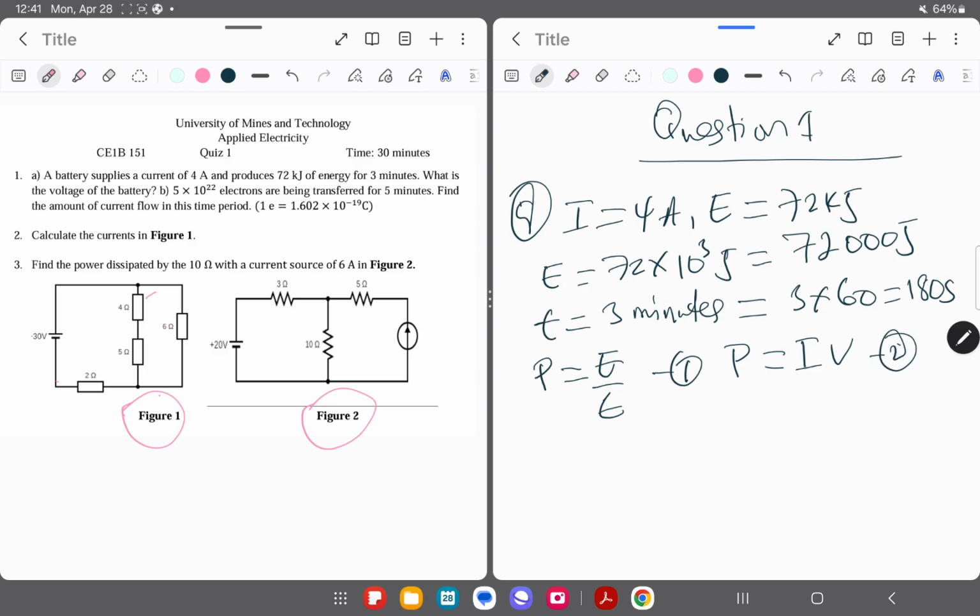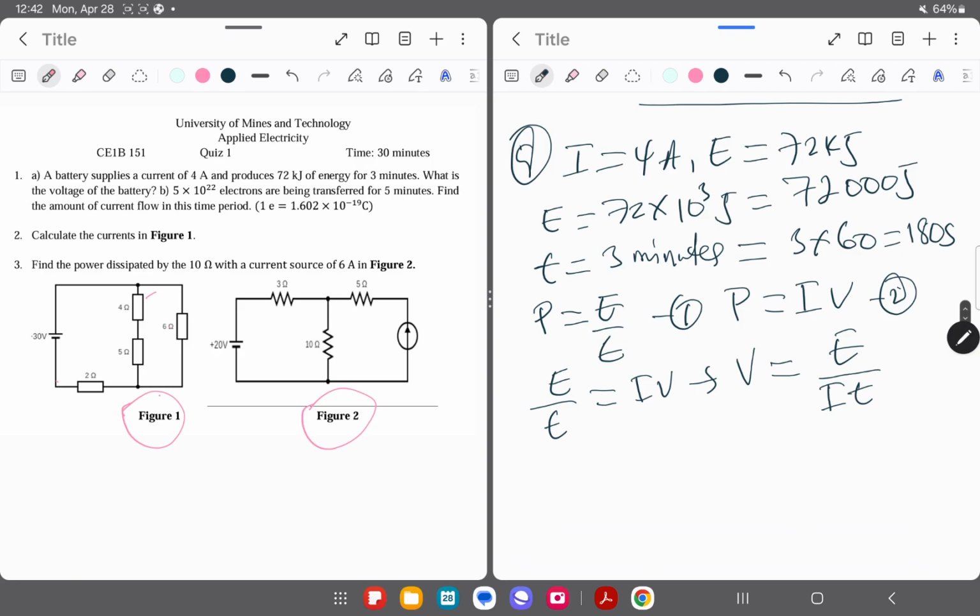With this, you can see in the question we are interested in the voltage, so I can equate equation 1 and 2 because we have power in both cases. So I can write energy over time equals current times voltage.